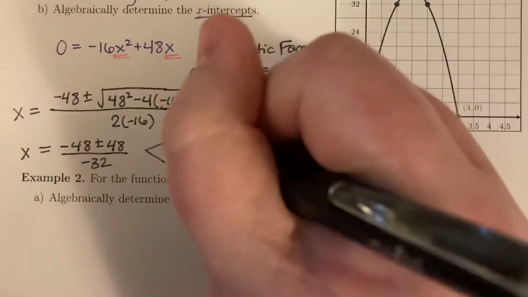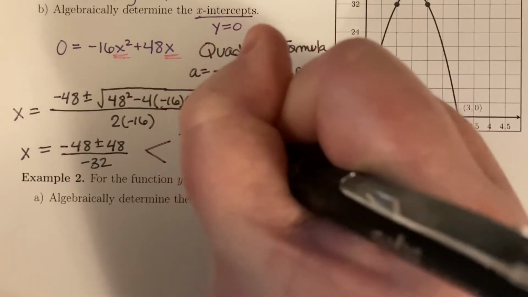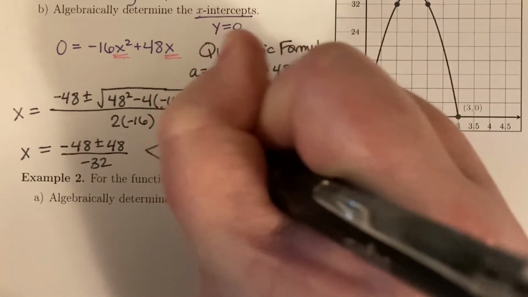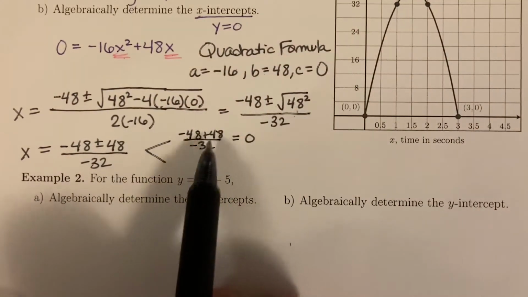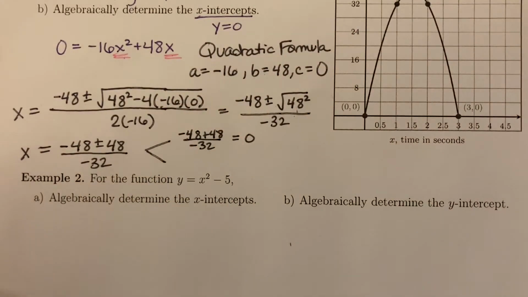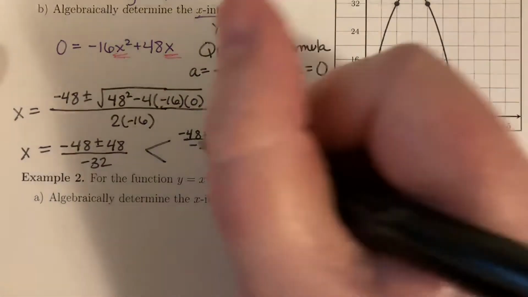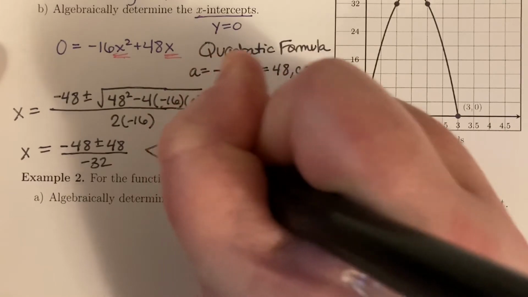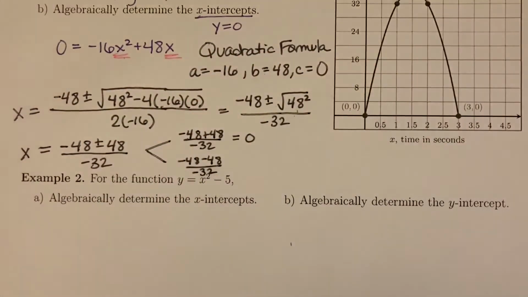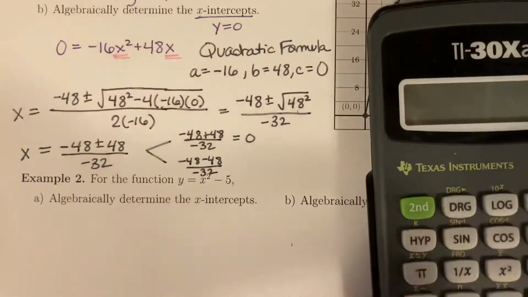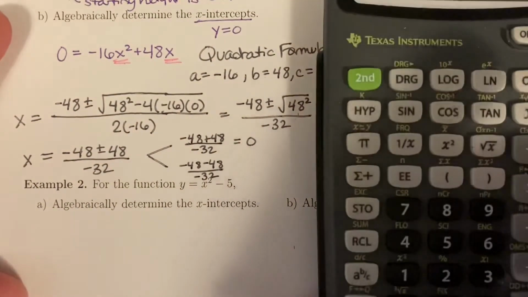So first one, negative 48 plus 48 over negative 32 would give us 0, because 0 divided by negative 32 is 0. Again, don't let 0 freak you out. It's just a number. Next one, though, negative 48 minus 48 over negative 32. This seems like a good calculator kind of problem. So let's see.